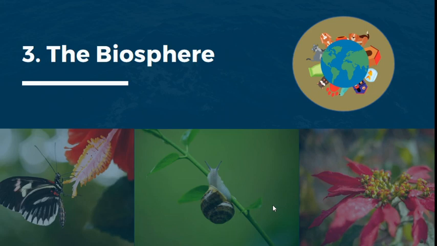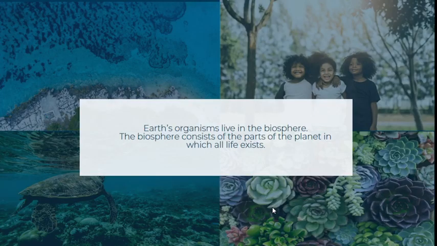Under this open system, we also have the hierarchy of life from the atom, molecule, macromolecule, organelle, cell, tissue, organ systems, the organisms, population, community, up until biosphere. In other words, Earth's organisms live in the biosphere.